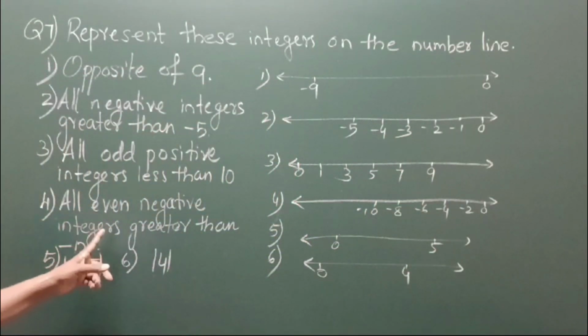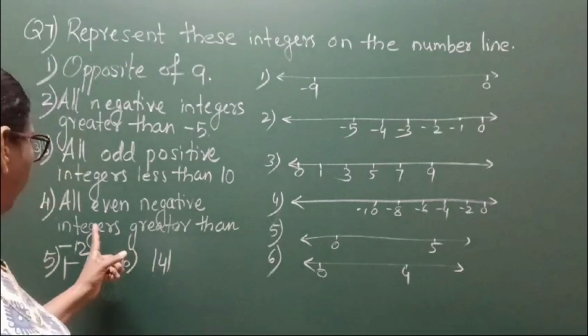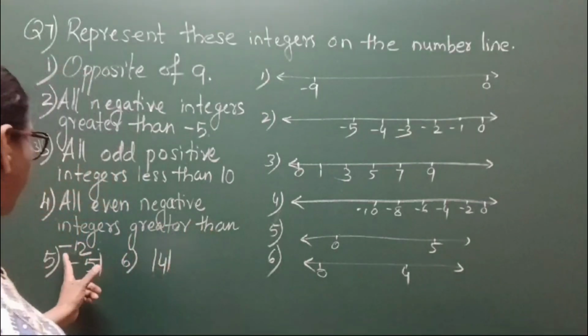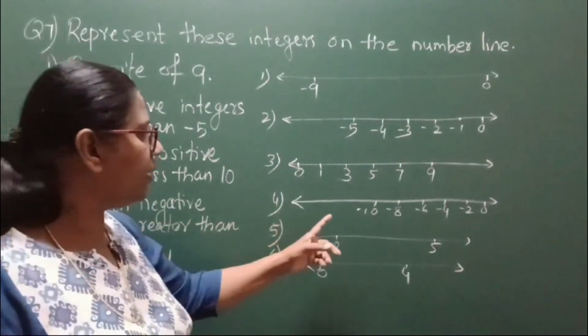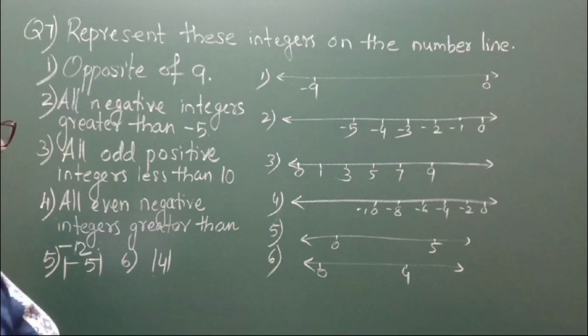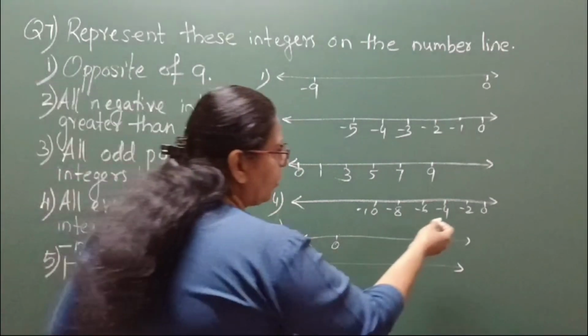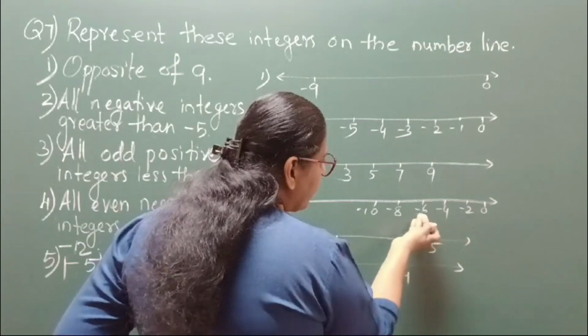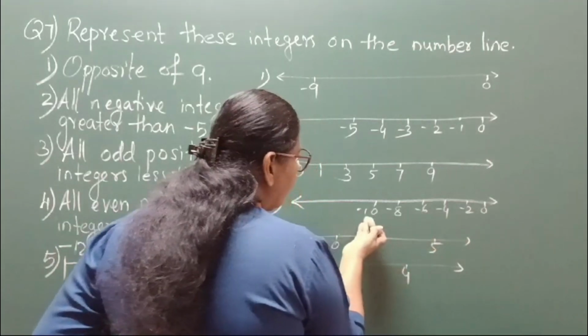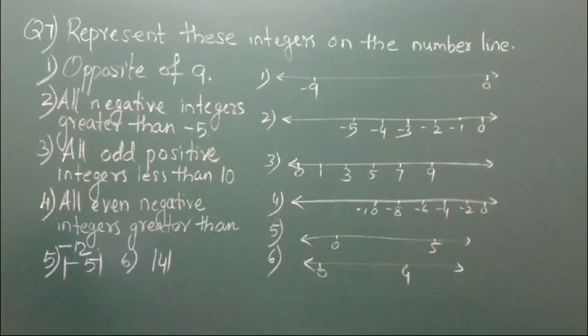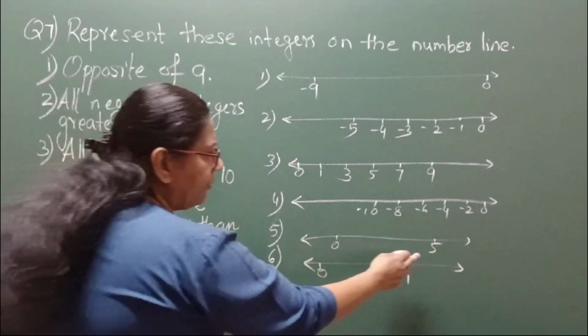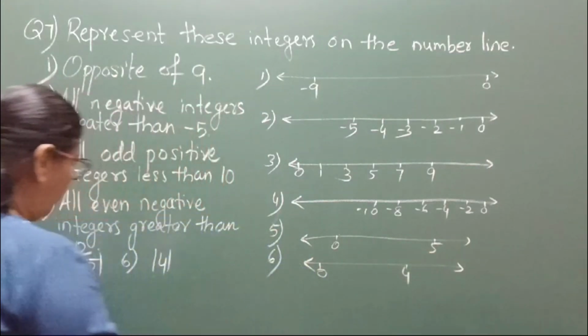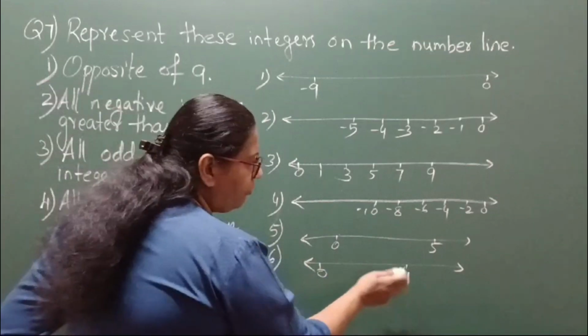Then even negative integers greater than minus 12 are minus 2, minus 4, minus 6, minus 8 and minus 10. Then absolute value of 5. Absolute value of 4.